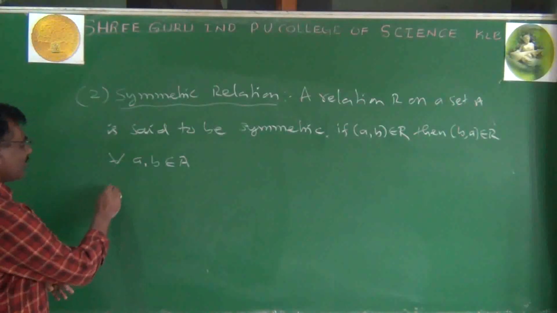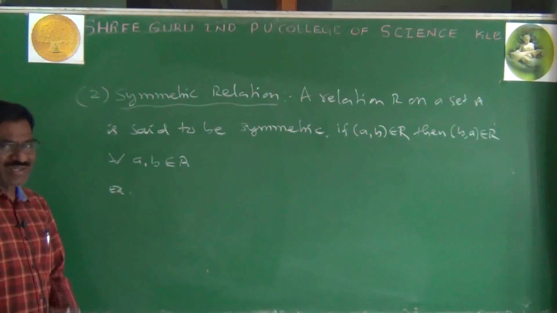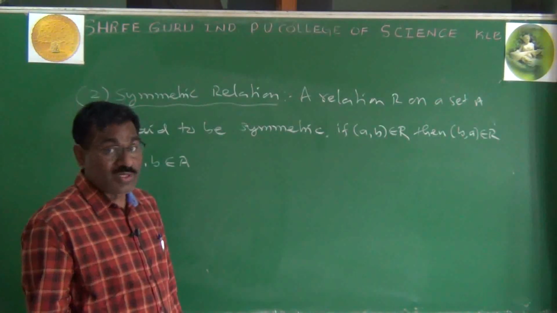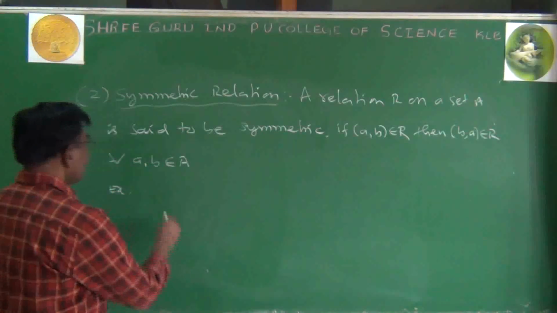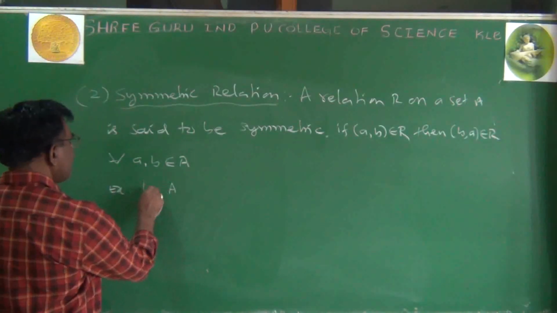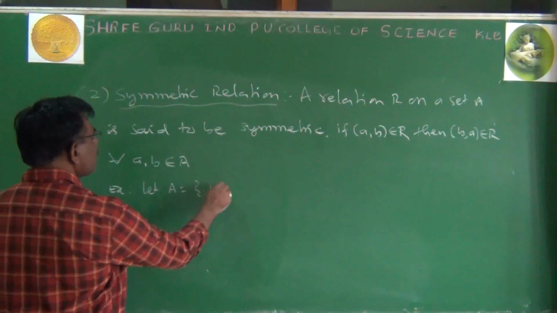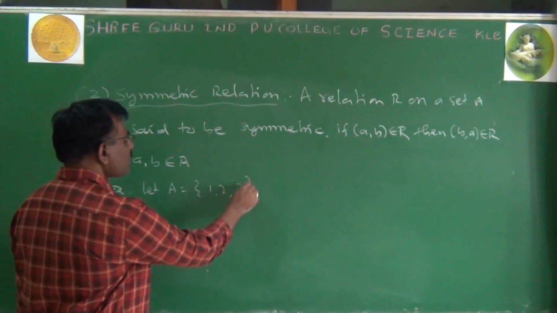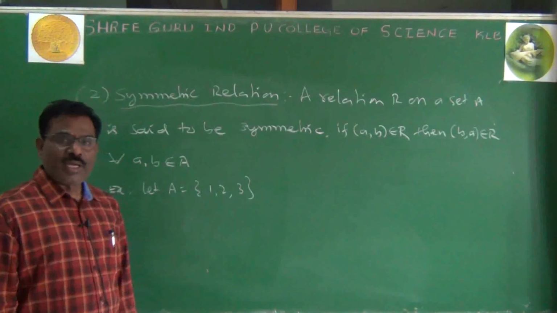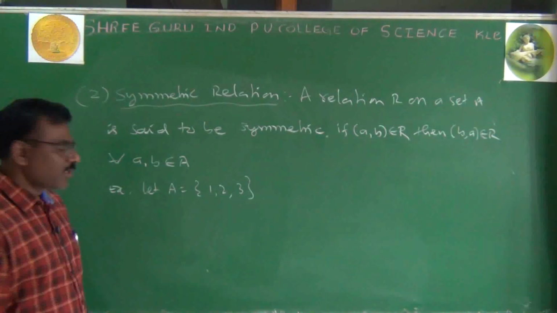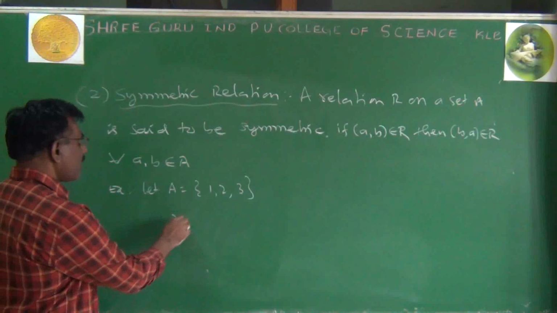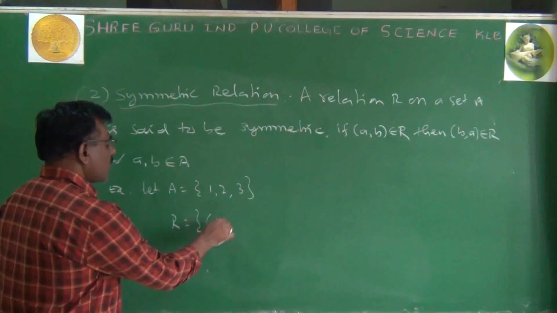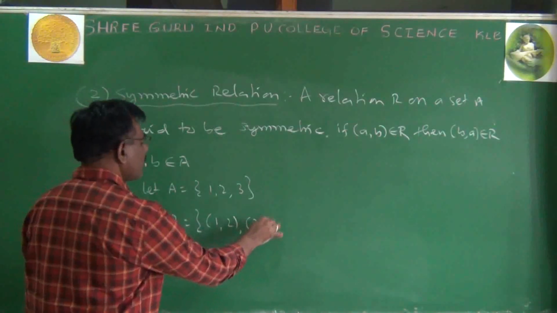For example, I am explaining two types of examples, one using a set and another without using a set. Let A equal 1, 2, 3. The symmetric relation R equals 1 comma 2, 2 comma 1.